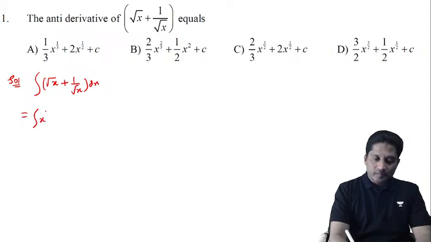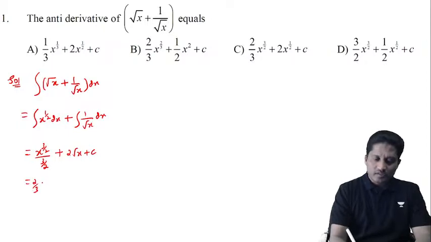This can be written as integration of x power half dx plus integration of 1 by root x dx. This is x to the power of 3 by 2 upon 3 by 2 plus 1 by root x is 2 root x plus c.